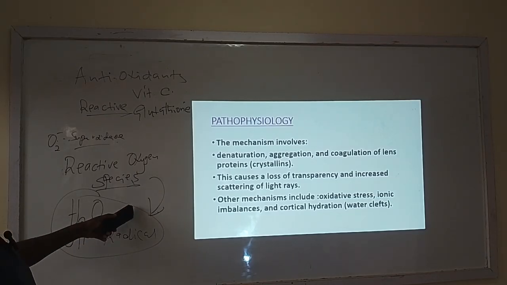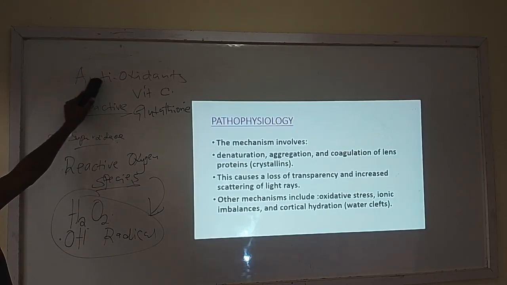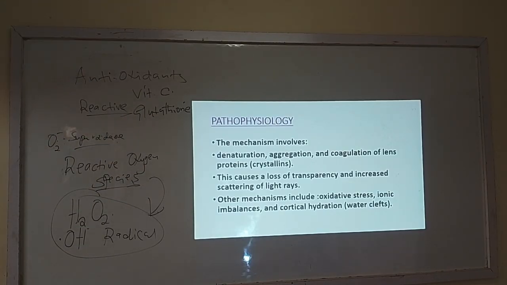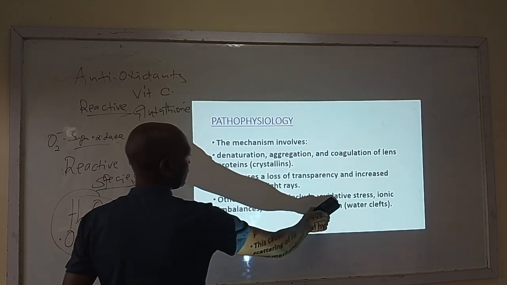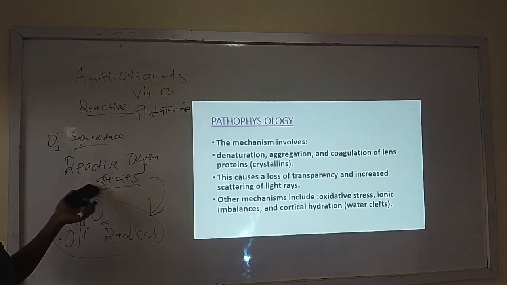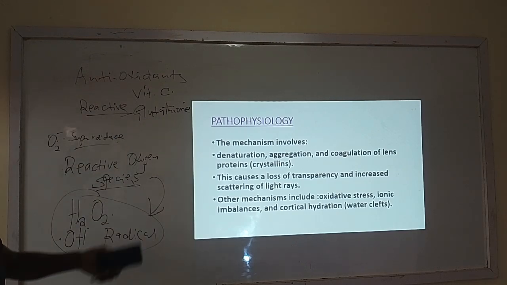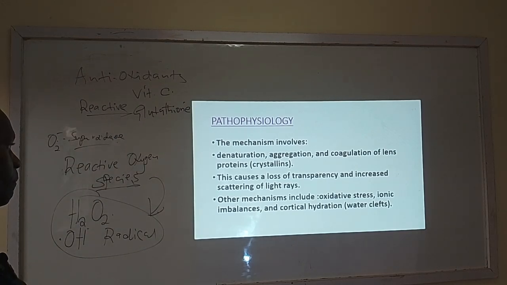But whenever there is excess production of these reactive species, it can overpower the available antioxidants, and therefore we get what we refer to as oxidative stress. It means the reactive oxygen species have overpowered the available antioxidants.